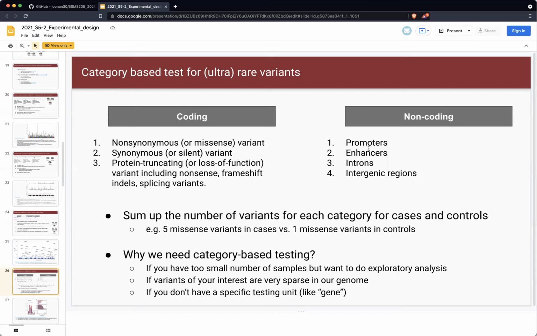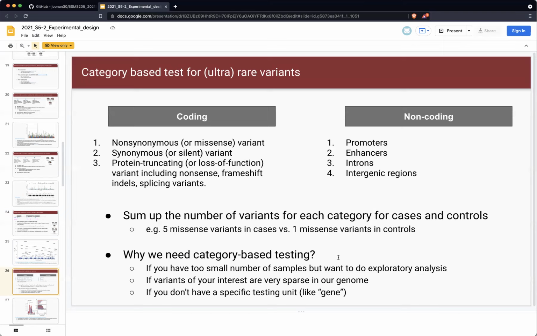But the critical thing is why we need to set up categories for our testing. The first reason is that if you have too small a number of samples but you want to do some experimental analysis for the association, then in that case you can use category-based testing. Let's say you have 100 samples for your de novo mutation research, and you want to compare the numbers between the cases and controls.